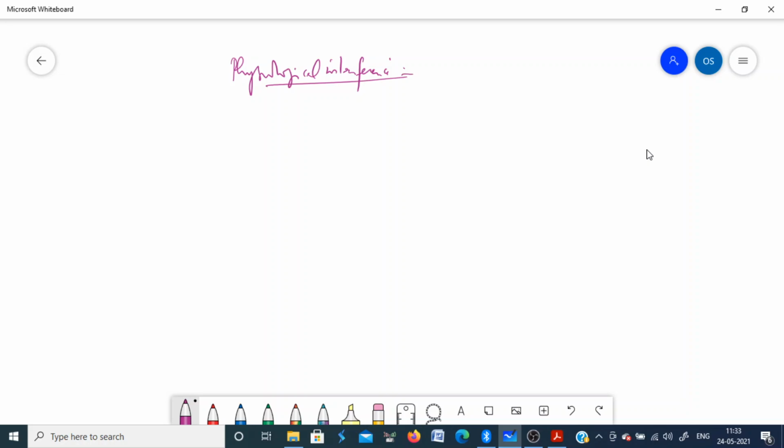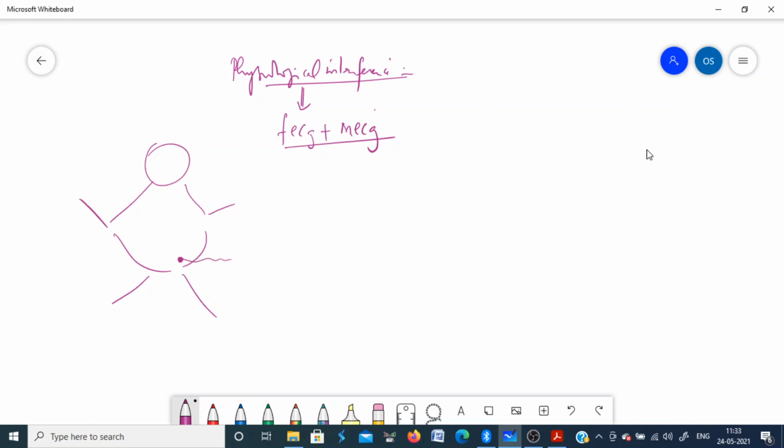A good example of physiological interference is fetal ECG mixed with, I can say, mother's ECG. When you acquire this data from the abdomen of the mother, you get a mixture of both fetal ECG as well as maternal ECG.